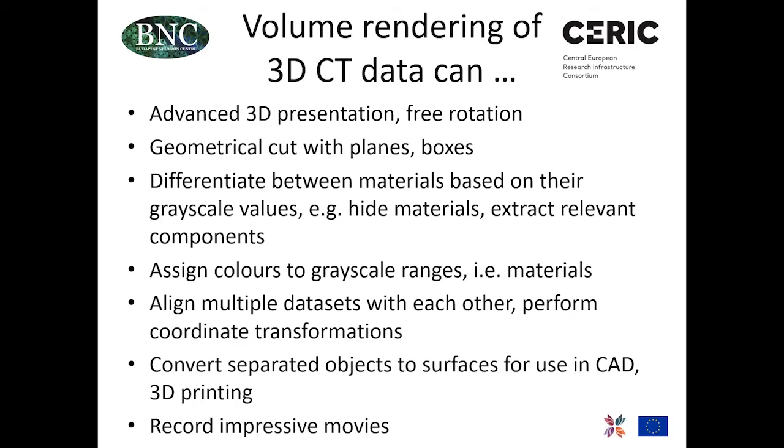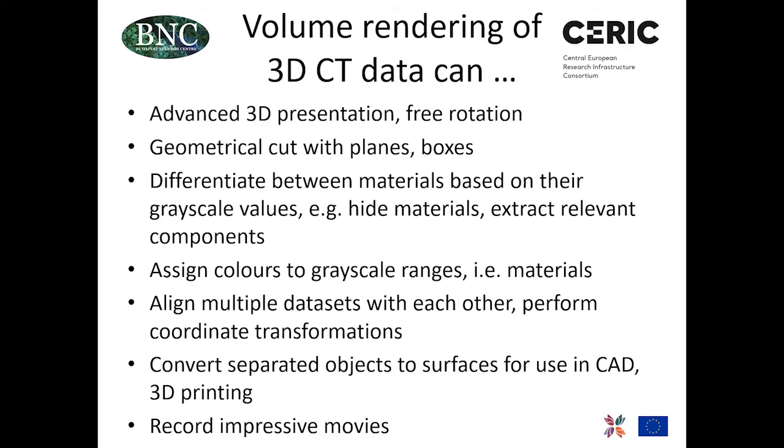We can differentiate between materials based on their attenuation coefficients. This is called segmentation. And we can show or hide relevant materials of the composite object. And we can extract the relevant components to a separate data set.